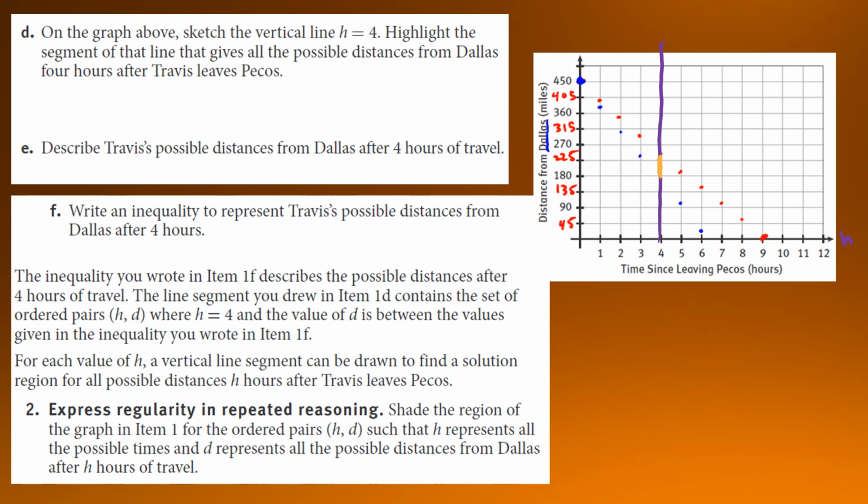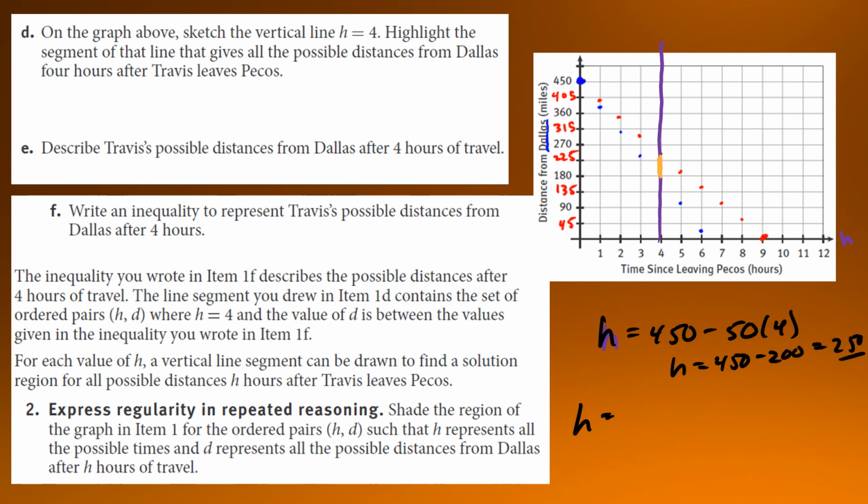It's a little hard to see from the graph, but if we did, let's see, if there's a pen I can see better. d equals 450 minus 50 times 4. We would get 200, so d equals 450 minus 200 equals 250.